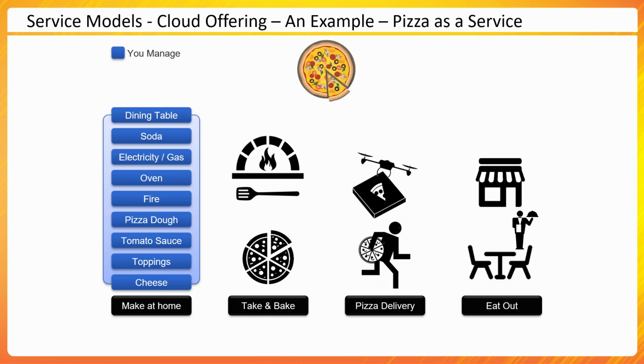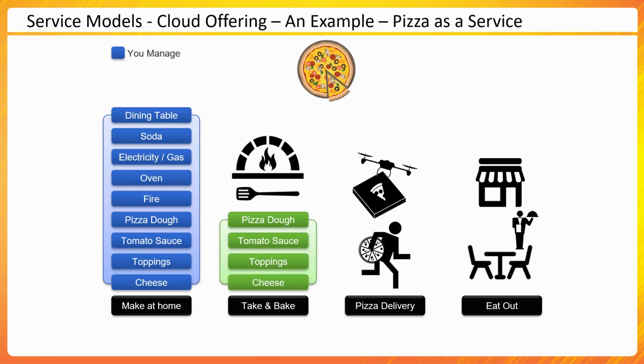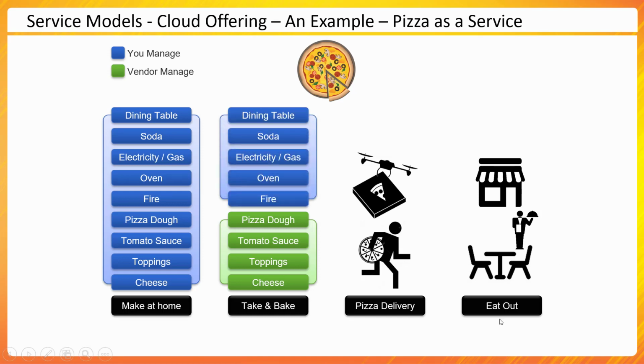If I feel that I want to take and bake, then a vendor has already taken care of making the pizza. It has already been put together with cheese and topping, sauce, and pizza dough is already there. It's all ready to use stuff. I could just bring it home and start baking it.